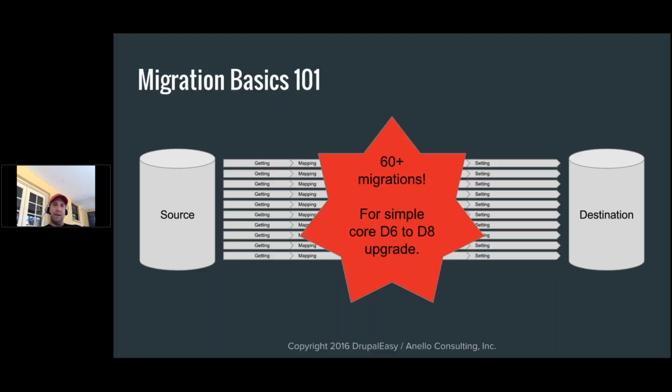So the number of individual migrations can increase pretty darn quickly. Each of these configurations is going to have a configuration file. Since we're talking Drupal 8, that's going to be a YAML file that defines it. And if your D6 site has a large number of content types, a lot of information architecture, as well as a lot of enabled modules, you could have quite a few migrations.